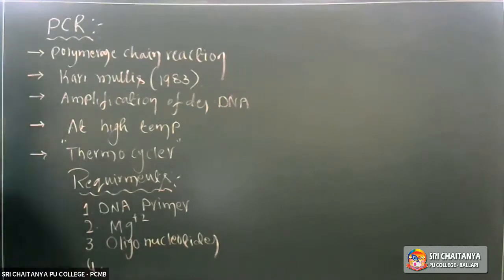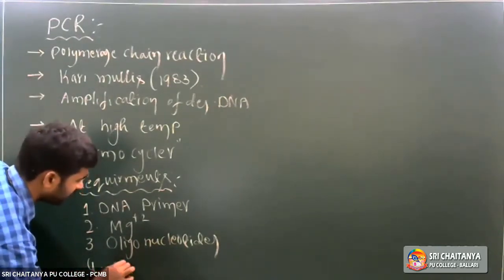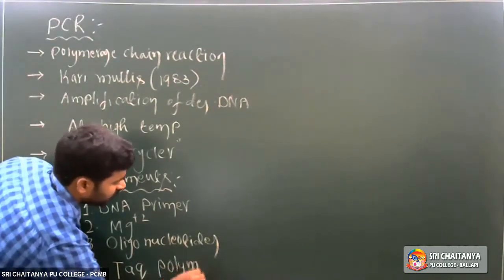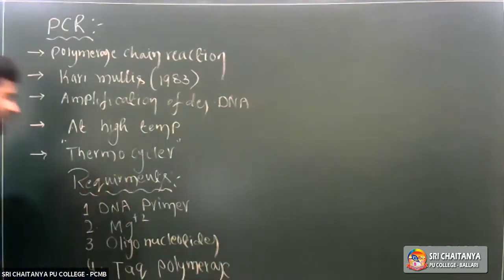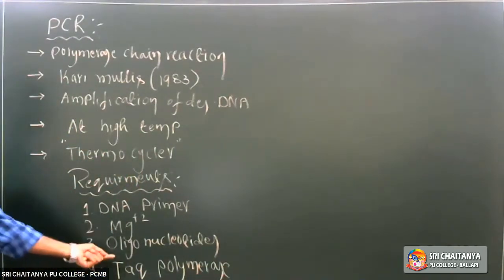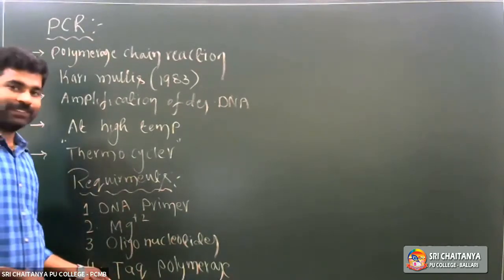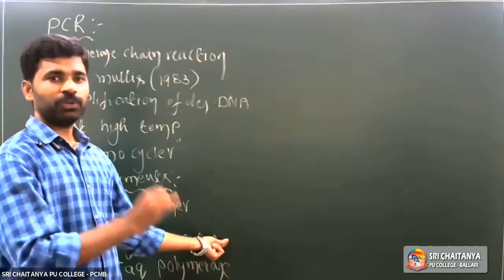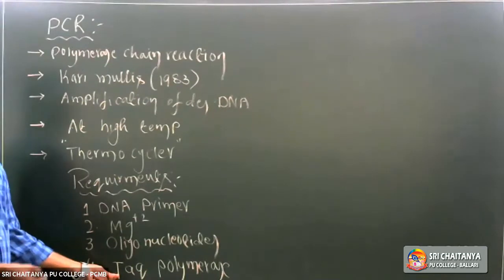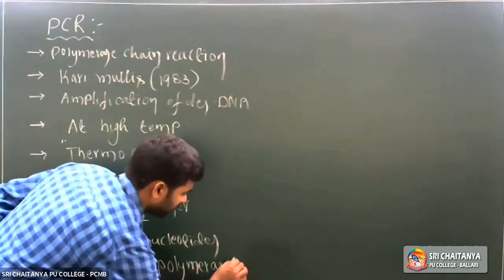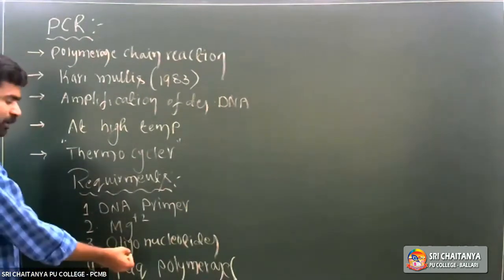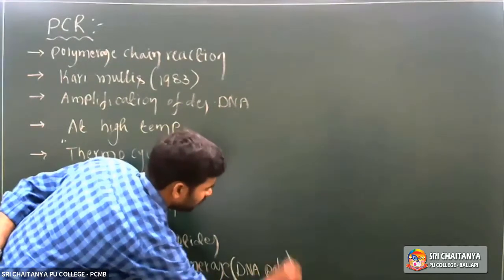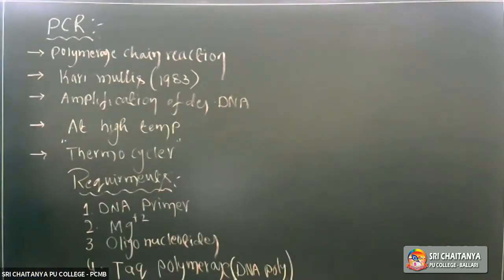Then another one, enzyme. Which enzyme? Taq polymerase enzyme. Taq polymerase is nothing but DNA polymerase enzyme; within the brackets you have to write DNA polymerase enzyme.